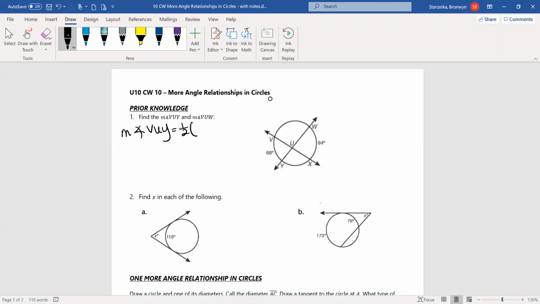VUY is this angle and its vertical pair. 68 degrees plus 94 degrees. Put that in the magic calculator machine, and that angle is 81 degrees.